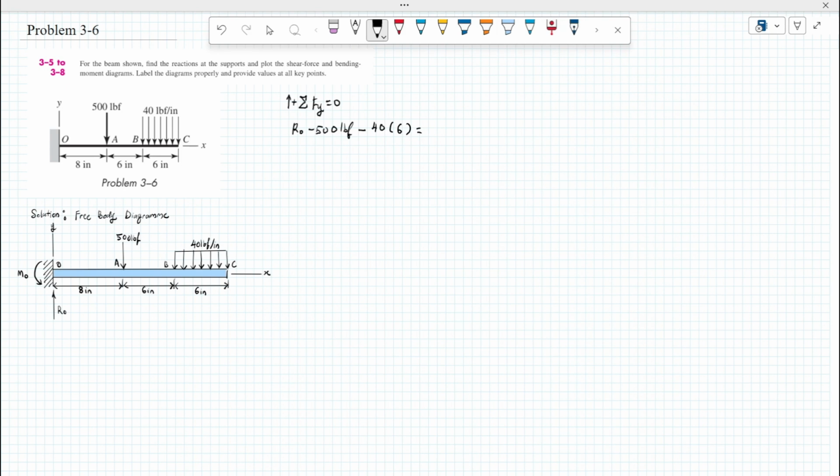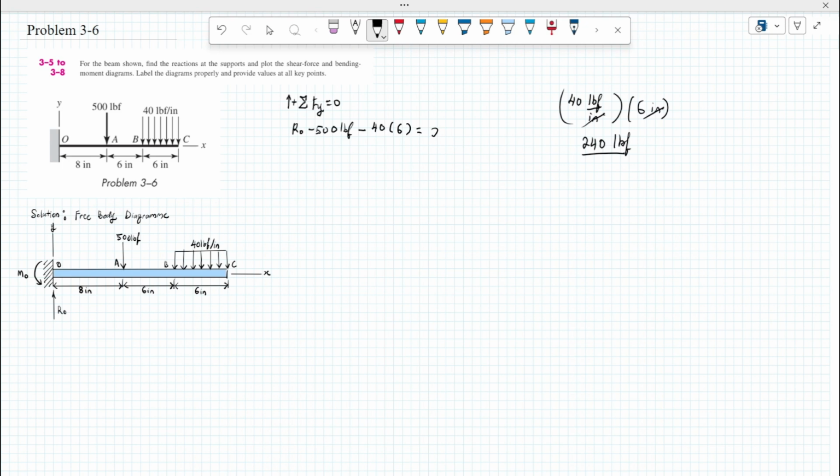It makes sense because if you look at the units, when you multiply the distributed force and the length together, we get 240, the inches cancel out, and in the end we get pound force.